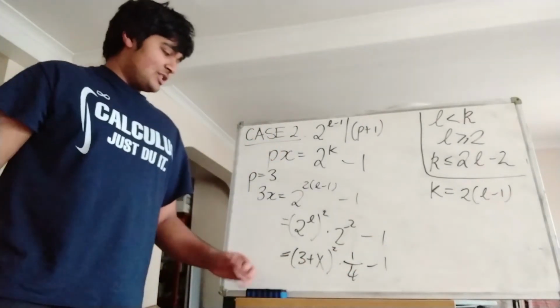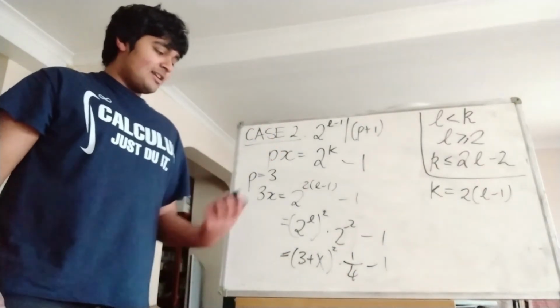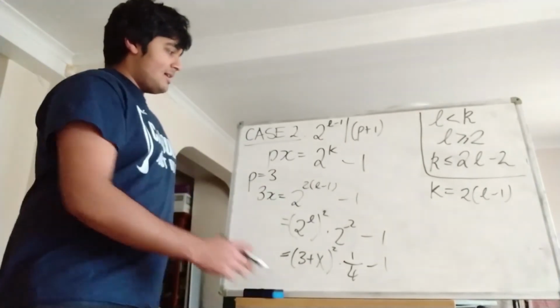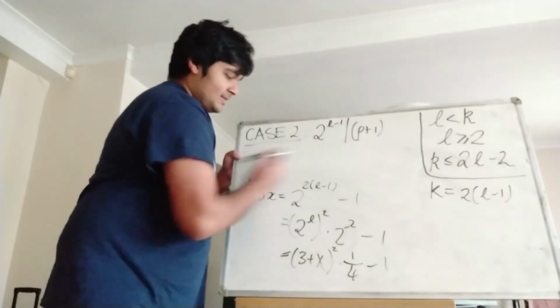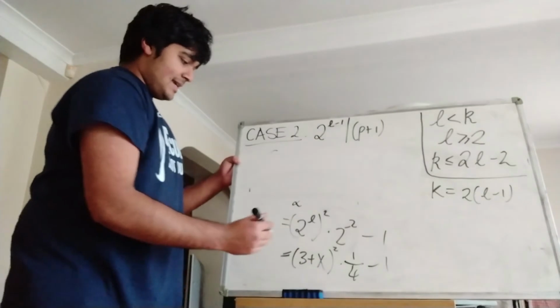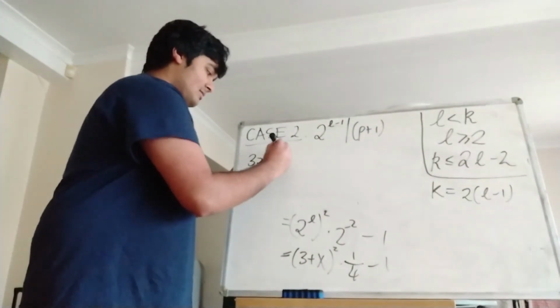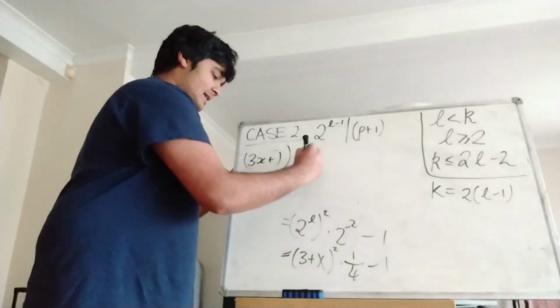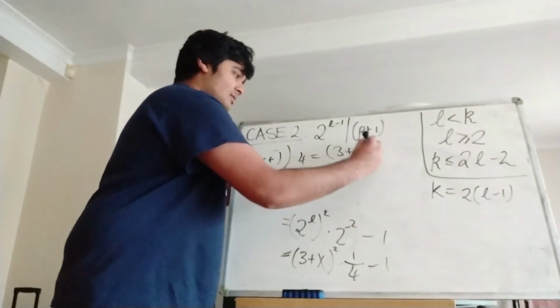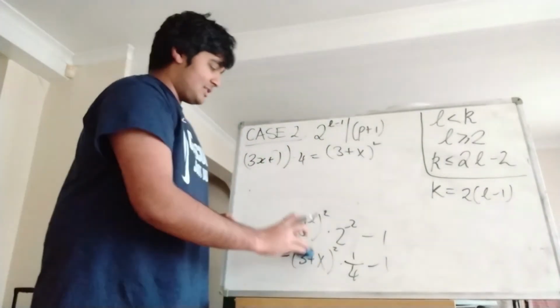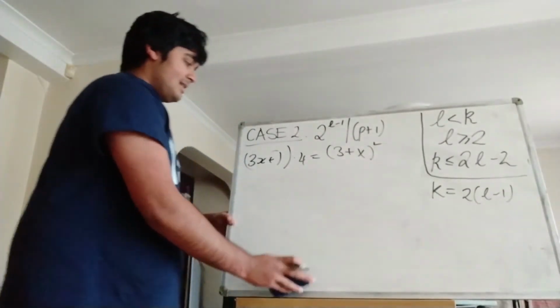So we can rearrange this, adding 1 to both sides and then multiplying by 4. So you get that (3x + 1) times 4 is equal to (3 + x)². Okay, now this is just a quadratic in terms of x, and we're almost done.